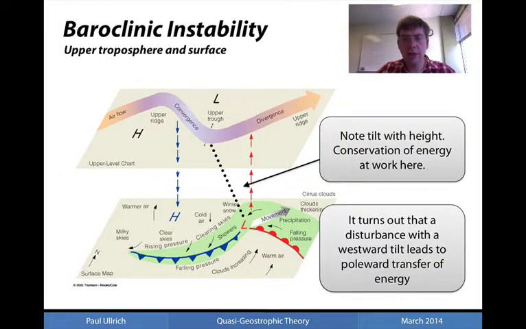So the westward tilt associated with this system is basically acting on conservation of energy. That is, the westward tilt allows for energy to be transported northwards to the east of the system and southwards to the west of the system, but further it is also connected with the production of entropy.